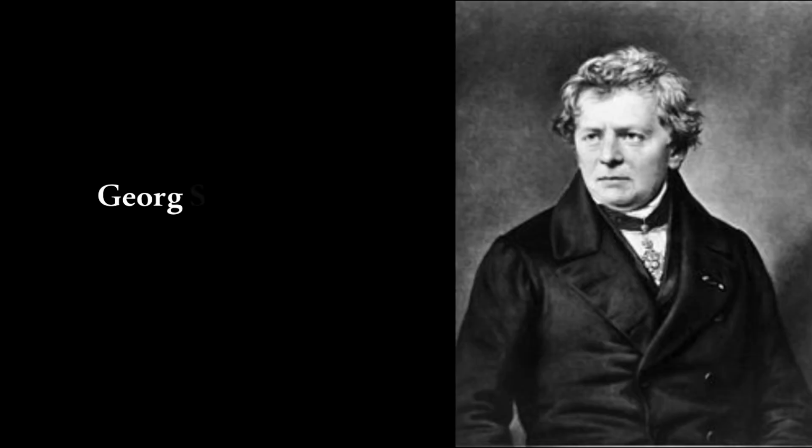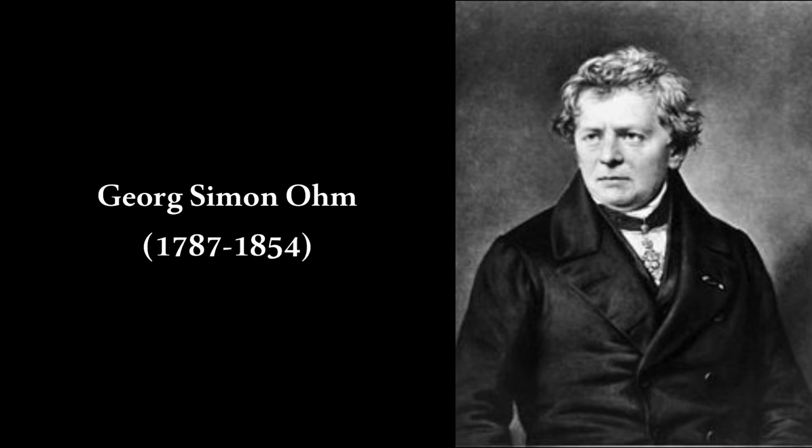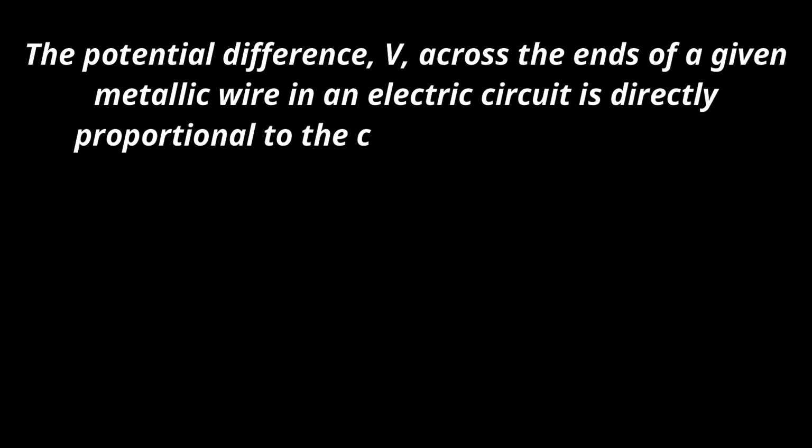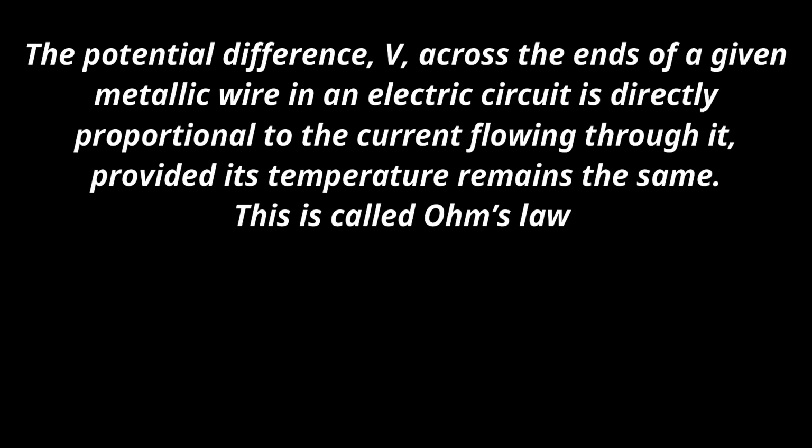In the year 1827, a German physicist, George Simon Ohm, found the relationship between the current I flowing in a metallic wire and the potential difference across its terminals. He stated Ohm's law: the potential difference V across the ends of a given metallic wire in an electric circuit is directly proportional to the current flowing through it, provided its temperature remains the same.